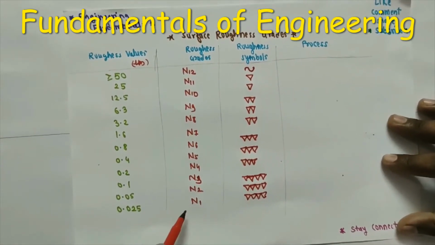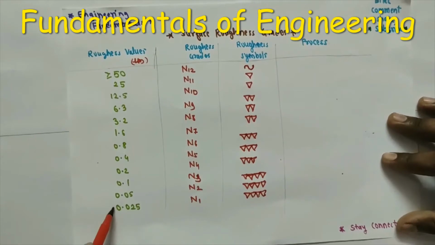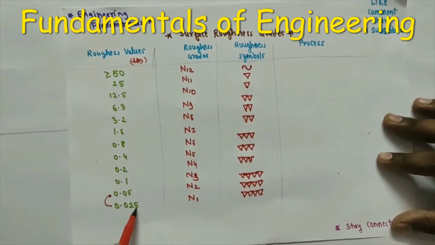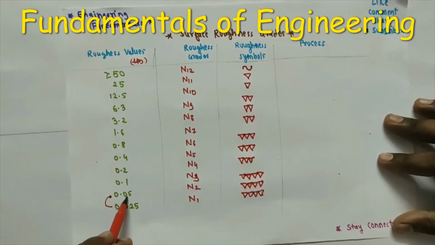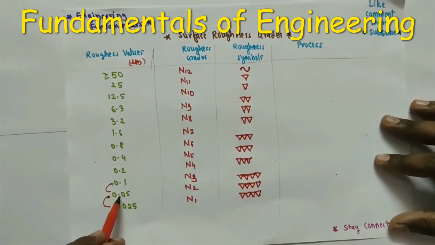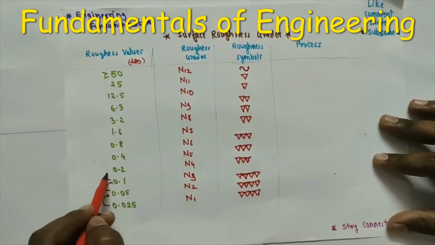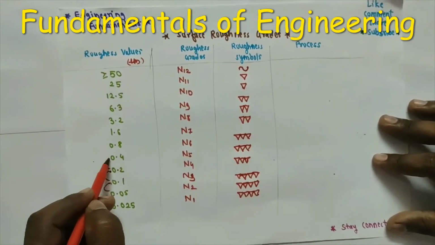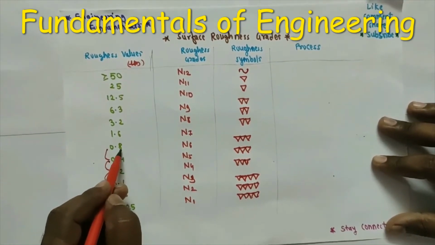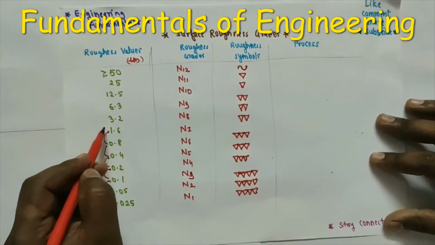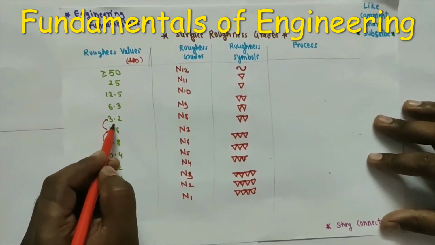Going from N1 to N2 you have to double that value, 0.025. If you double it we get 0.05. Then if you double it we get 0.1. If you double it, 0.2, then 0.4, then 0.8. Again if you double it we get 1.6. Again if you double it we get 3.2.